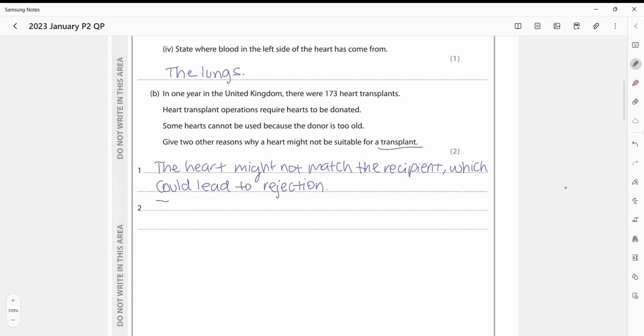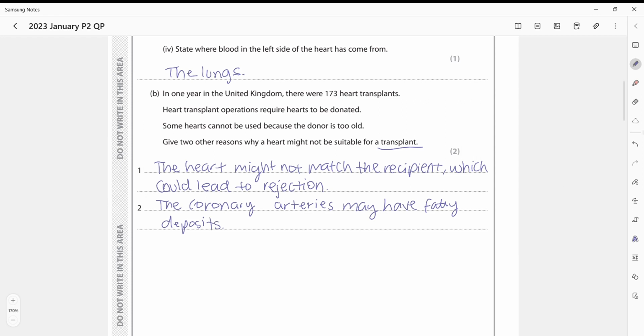So you can say the coronary arteries may have fatty deposits.